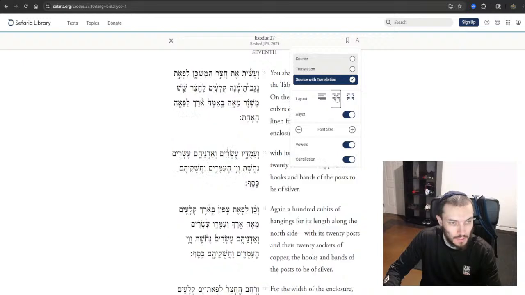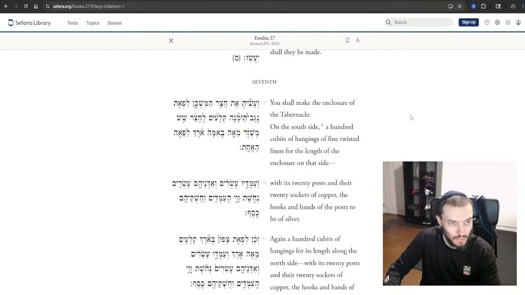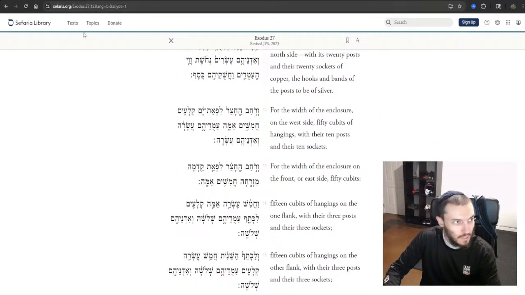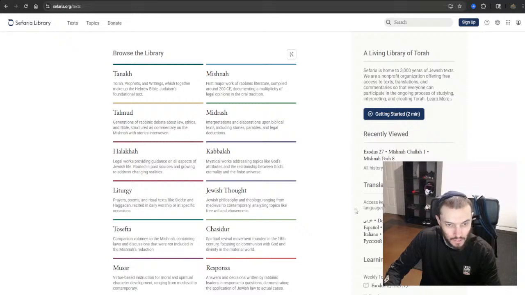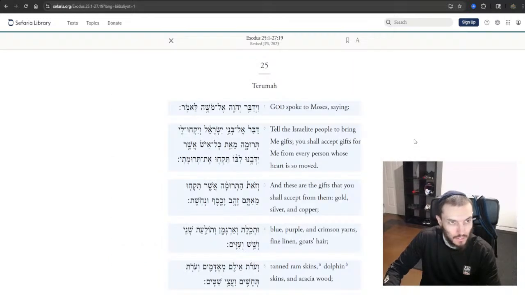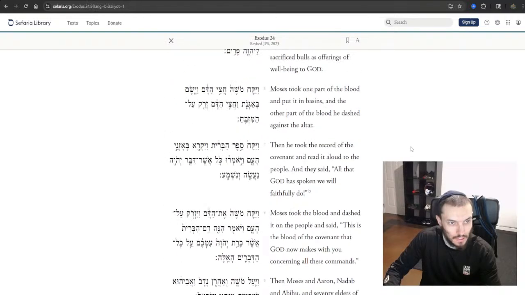And we're going to have it centered like this. Okay, so it's showing the 7th from last week. Wait, what? Okay, that's not right. Today is this. Terumah. And then it shows the 7th.